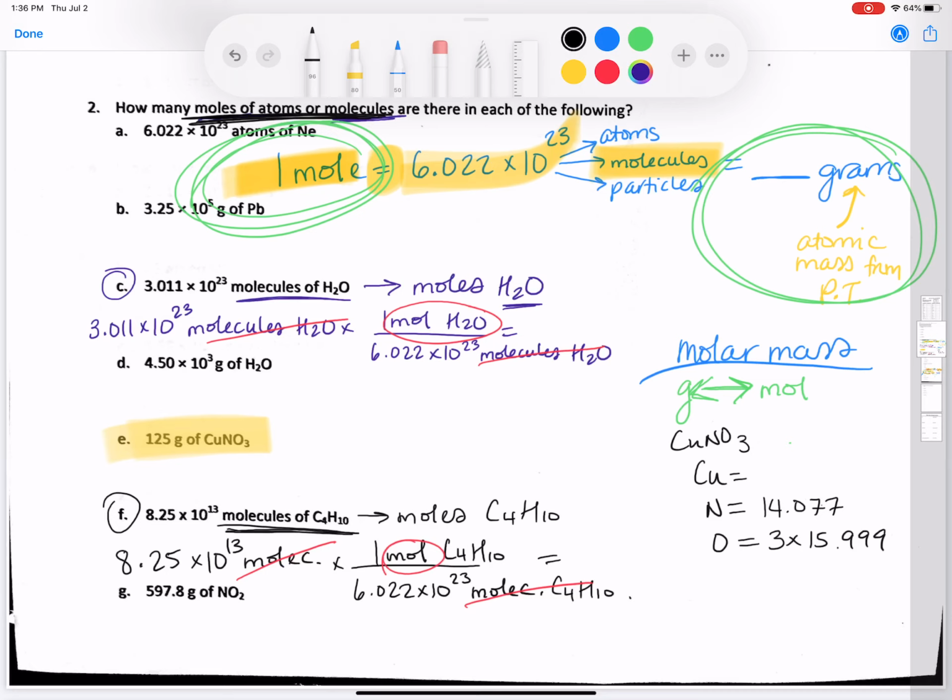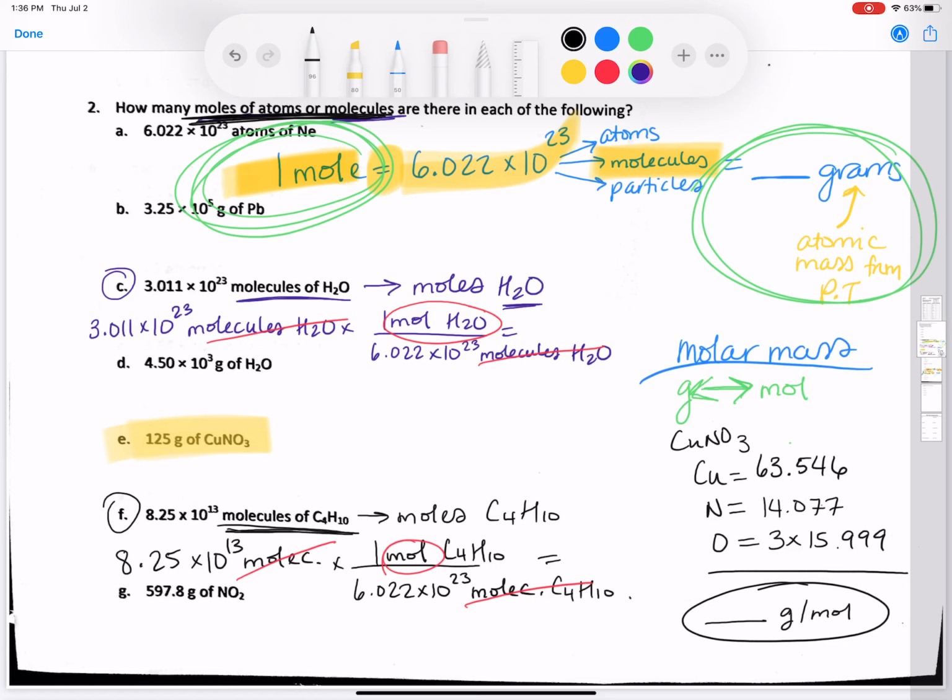Oxygen, of course, is 15.999. And copper is 63.546. So if I were to add these all up, I would now have my number and then grams per mole. So that means that many grams per every 1 mole.